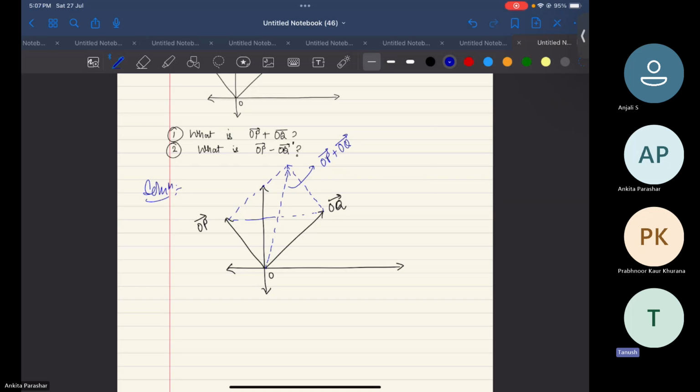We know addition is because you complete the parallelogram and see the diagonal, right? So by OP minus OQ, what we are trying to do is OP plus minus OQ, right? So we are taking the vector in the other direction, right? I just want to make sure that you understand what is OP minus OQ. It's not just the anti-diagonal, but how did we get it?